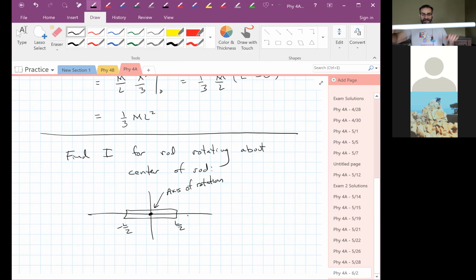Because what did I do here? Here I have half of my mass close to my hand, and the other half is also close. But if I take this half and move it way out here, I've moved half the mass way out, and I'm multiplying each one of those by r squared. This is a much bigger rotational inertia than this one is.